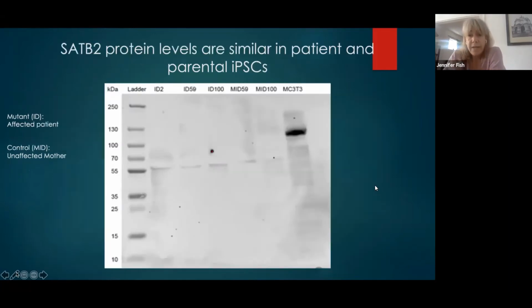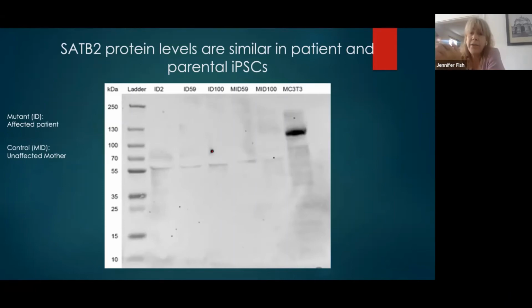So the next experiment that we did was to look for a protein. In this case, what we do is we extract the protein from a cell and we run that on a gel. And we use an antibody that is going to detect the SATB2 protein. And that antibody has a fluorescent tag on it so that we have a way to visualize it.